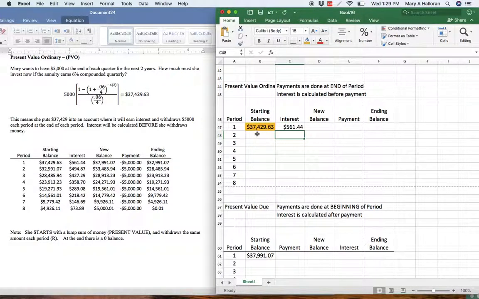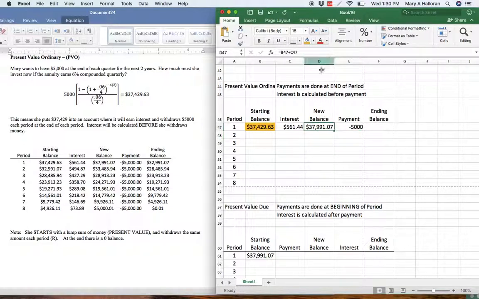So this $37,000 is going to earn $561.40 in interest. So therefore, when I add those two together, I've got $37,991.07 in my account. So now I'm going to take out $5,000. I'm going to receive a payment of $5,000.